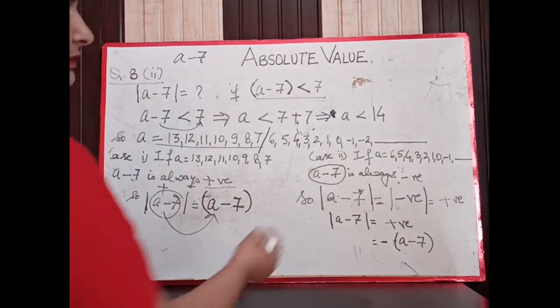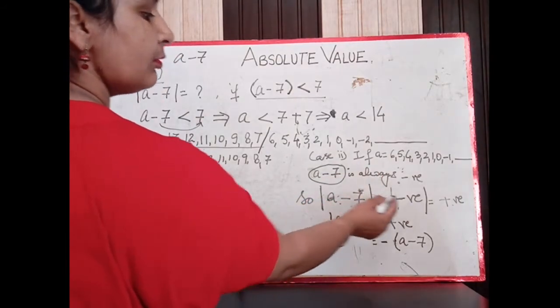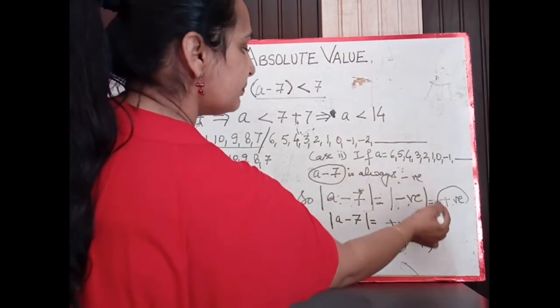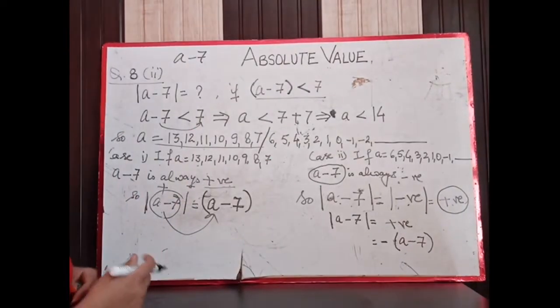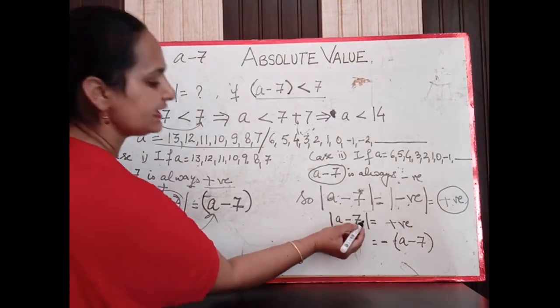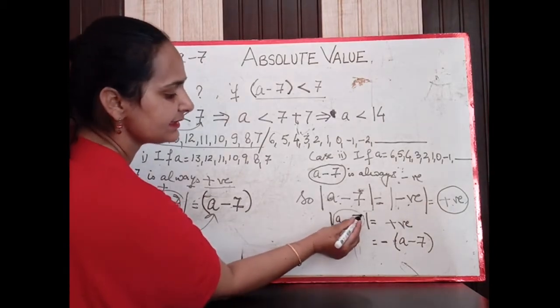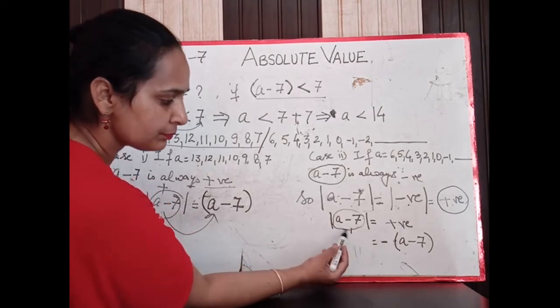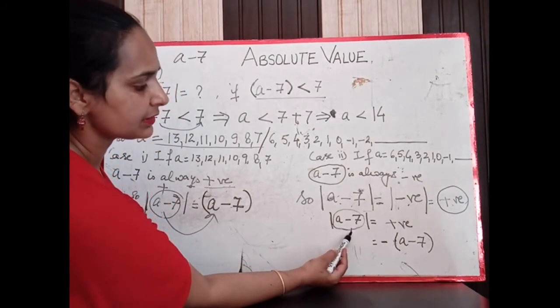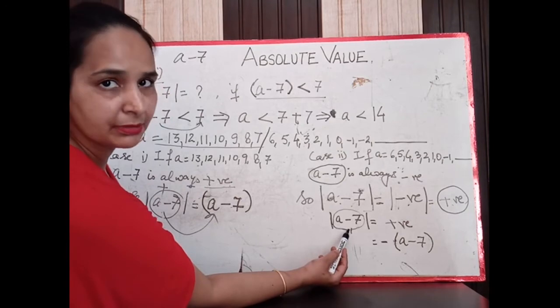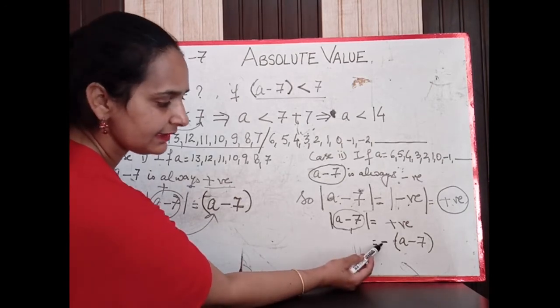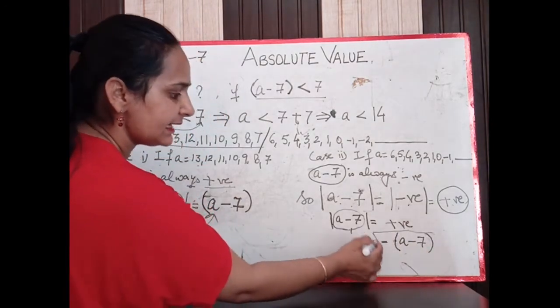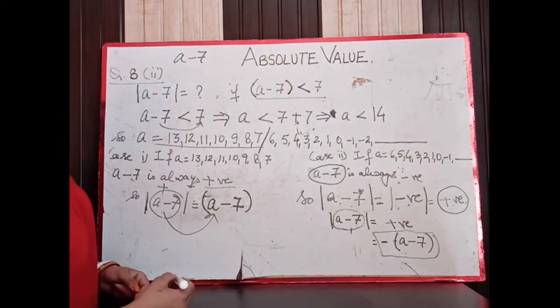The mode of a negative value is always positive. We don't have any positive values, we have only a minus 7. A minus 7 should be positive, and it is a negative number. So to make it a positive number, we will multiply this number by minus 1. Only in that condition will this be a positive number.